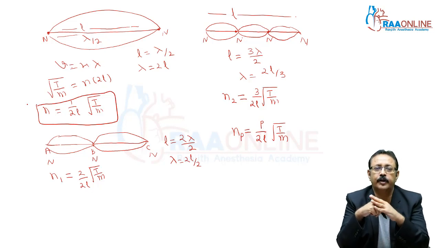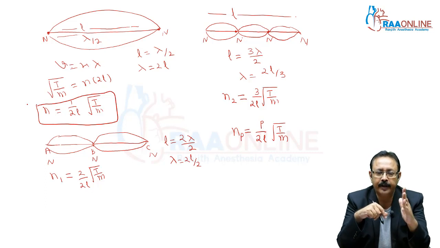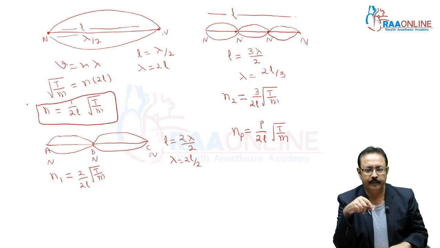So the first overtone of a string is 2 upon 2L under root T upon M.